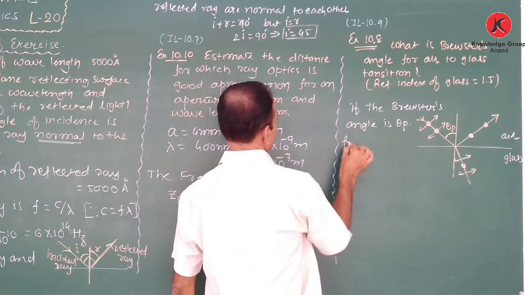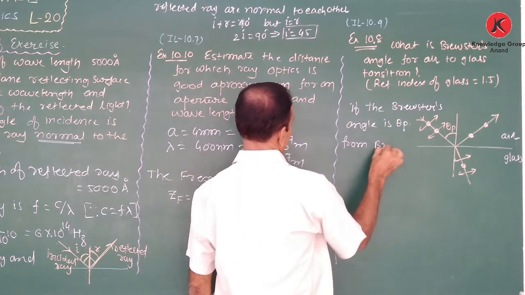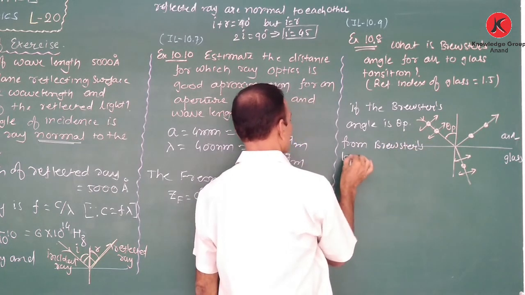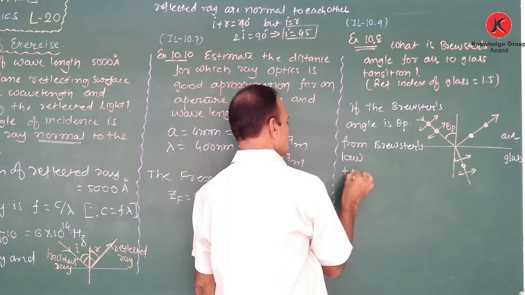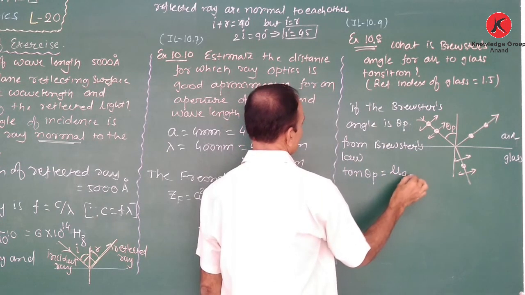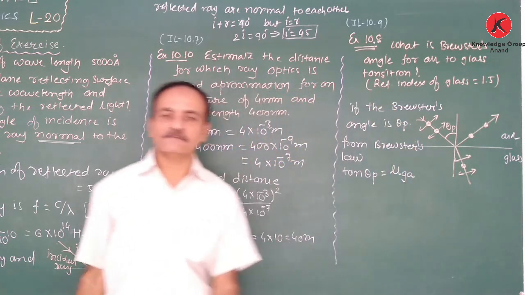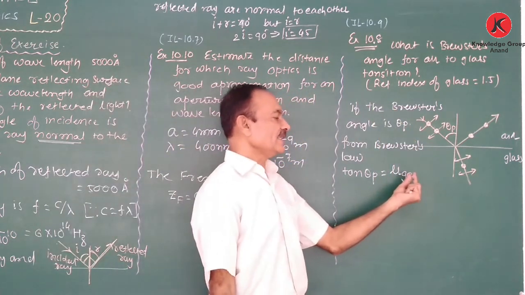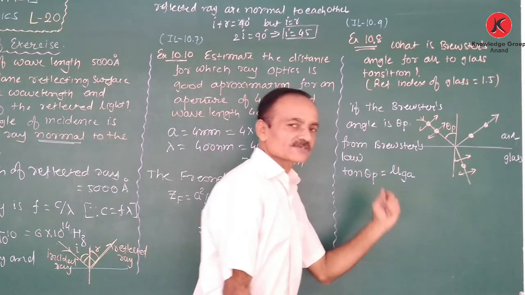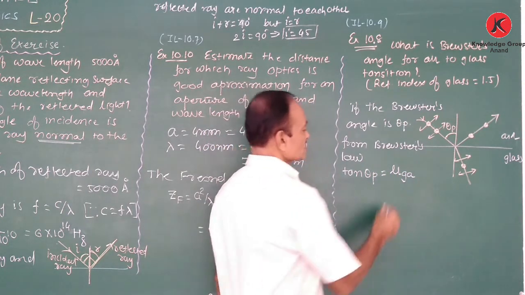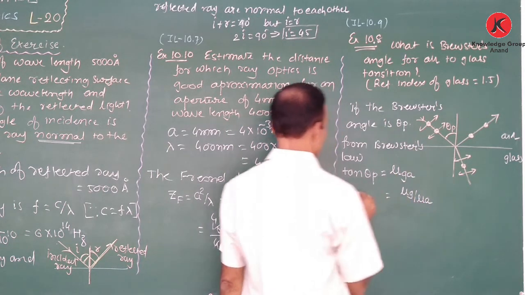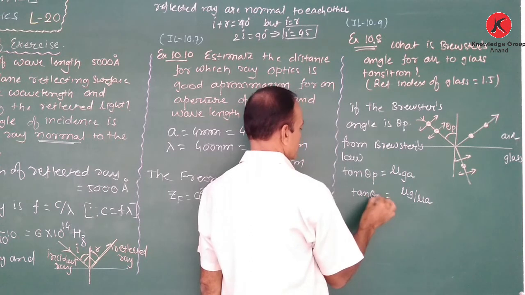Therefore, from Brewster's law, tan theta p is equal to mu g a, the effective index of the glass and air interface. So mu g upon mu a is equal to tan theta p.